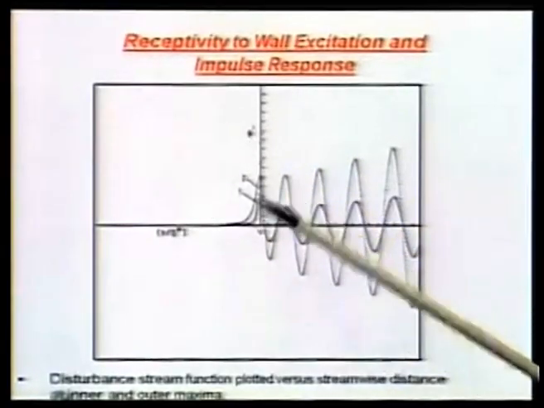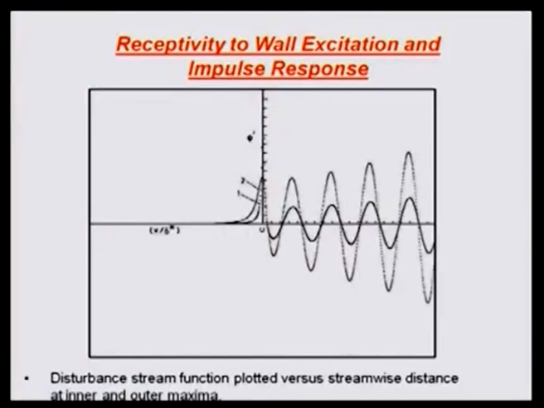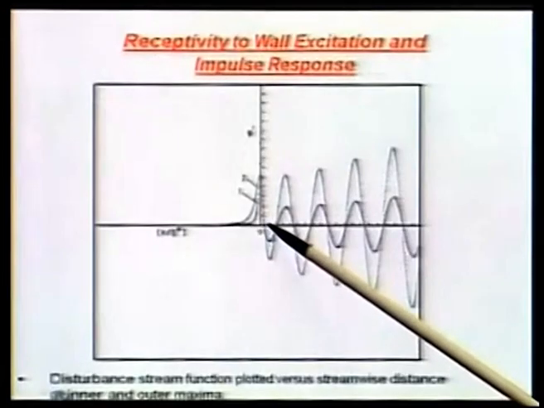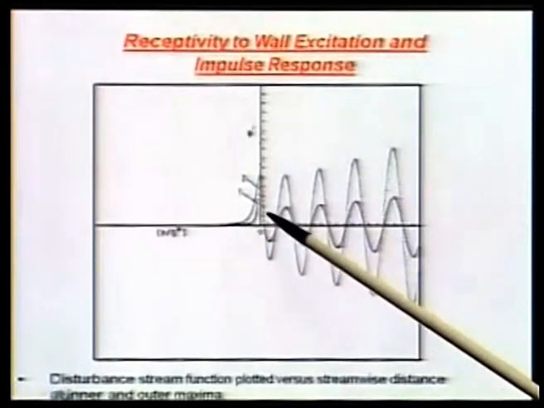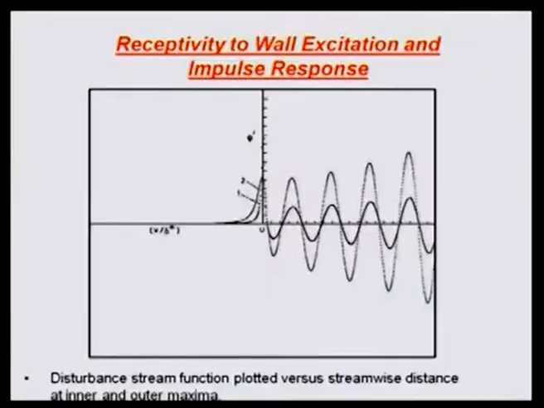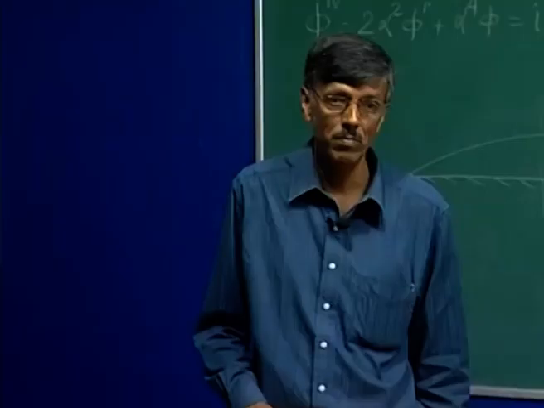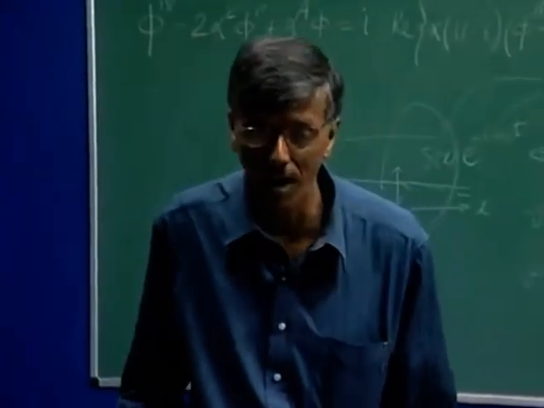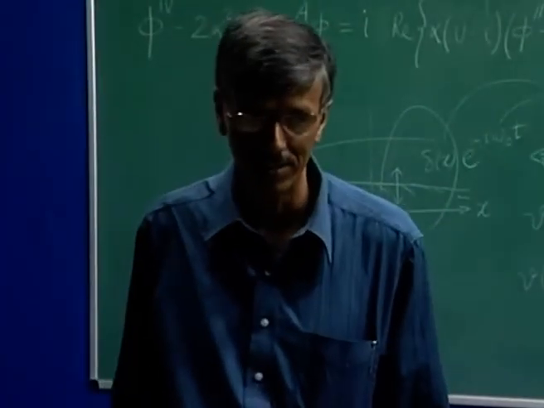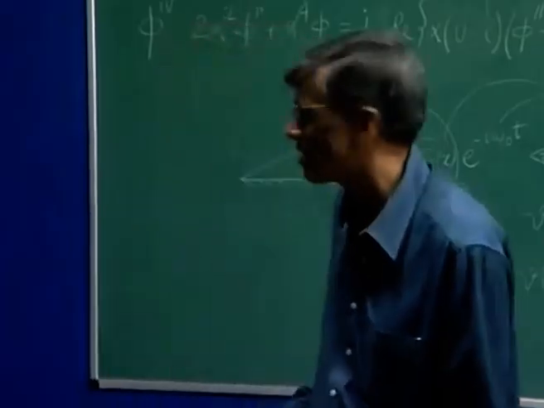This is what we call the near field of the solution, because where is your exciter? Exciter is at the origin. So, the receptivity theory actually tells you what happens in its immediate neighborhood and what happens asymptotically far down. So, stability theory basically tells us what happens far away from the exciter. So, this is something we need to understand.